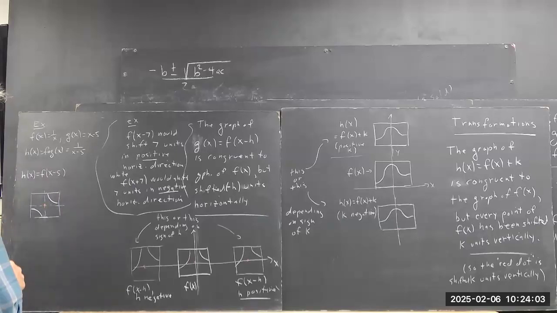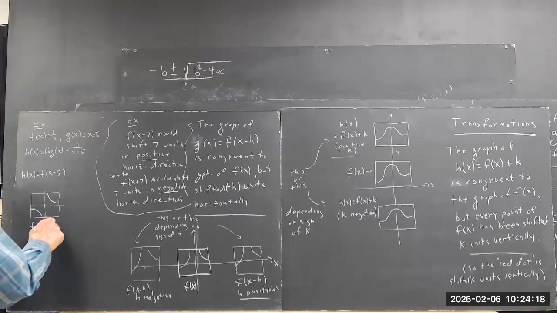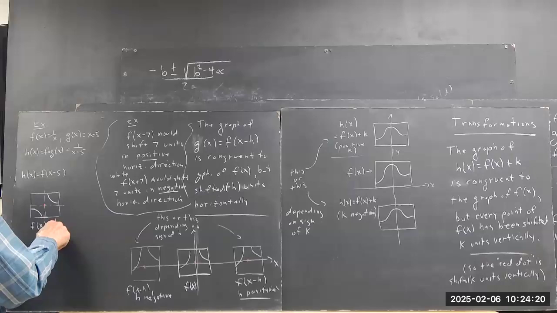So right here is our graph of f of x, which is very familiar to my pre-calculus students and should be very familiar to any pre-calculus student who's seen the toolkit functions. Of course, it's the basic 1 over x function.